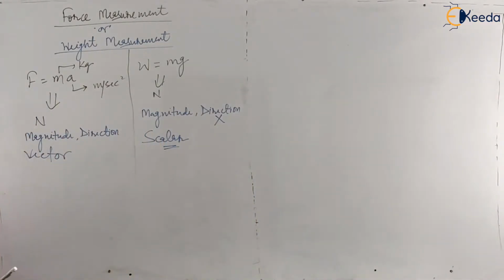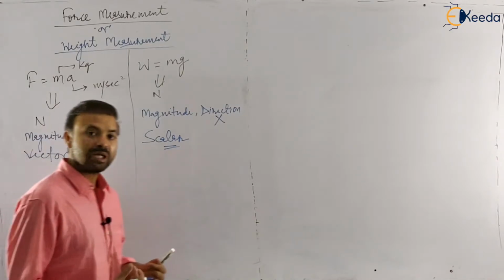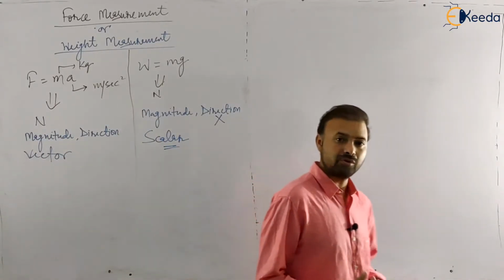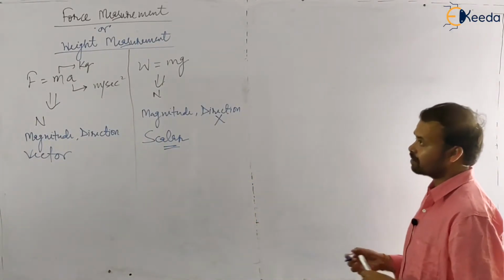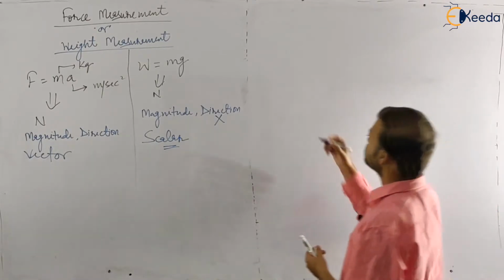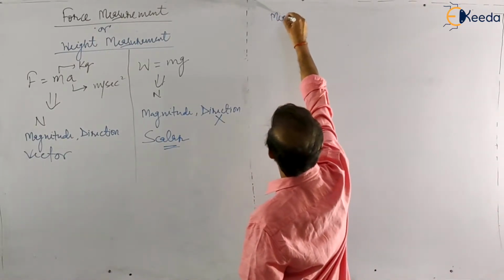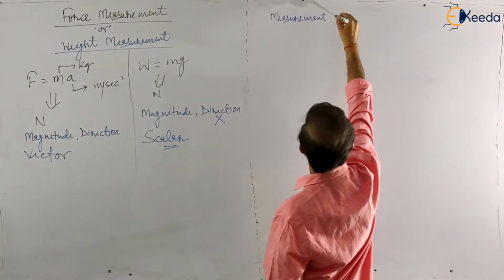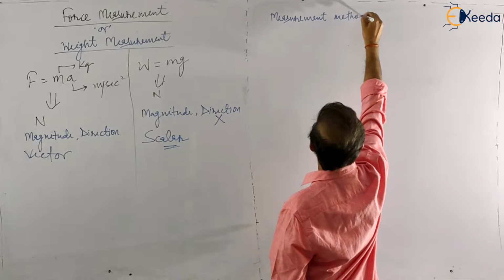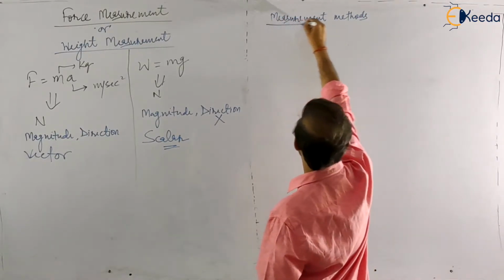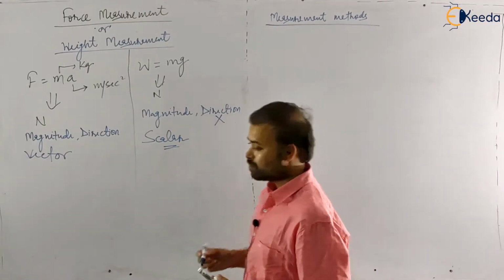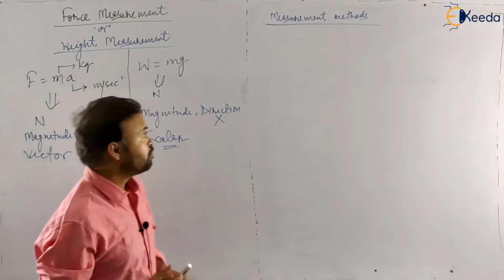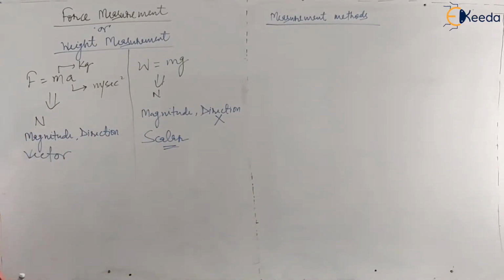Now let us talk about different methods which are used for the measurement of force, or for that matter weight. There are three methods for the measurement of force or weight.